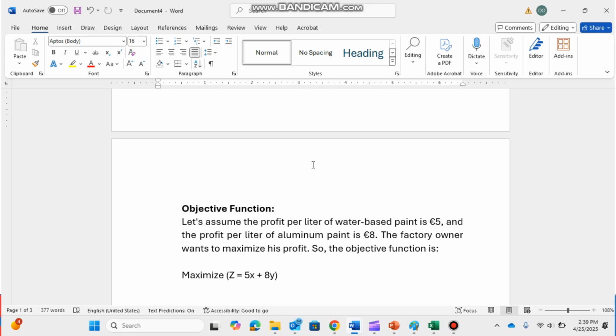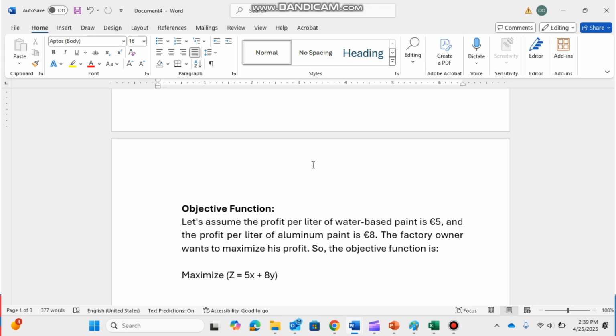So we assume that the profit per liter of water-based paint, as stated in the problem, is €5, and the profit per liter of aluminium paint, as stated in the problem, is €8. So the factory owner wants to maximize the profit. That is our objective function. We express our objective function as z = 5x + 8y.